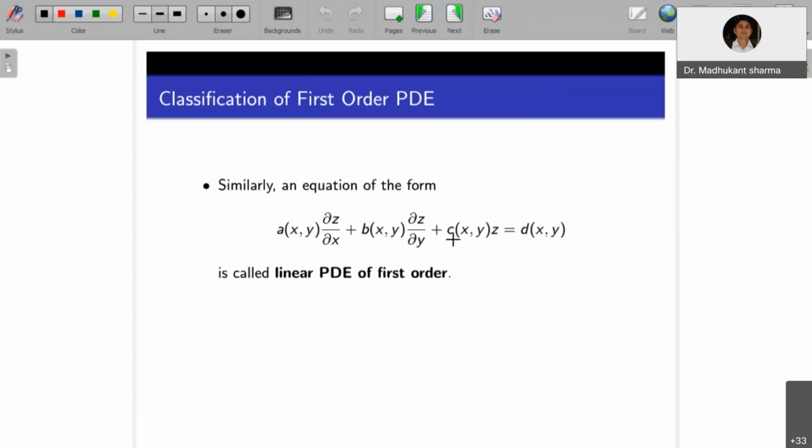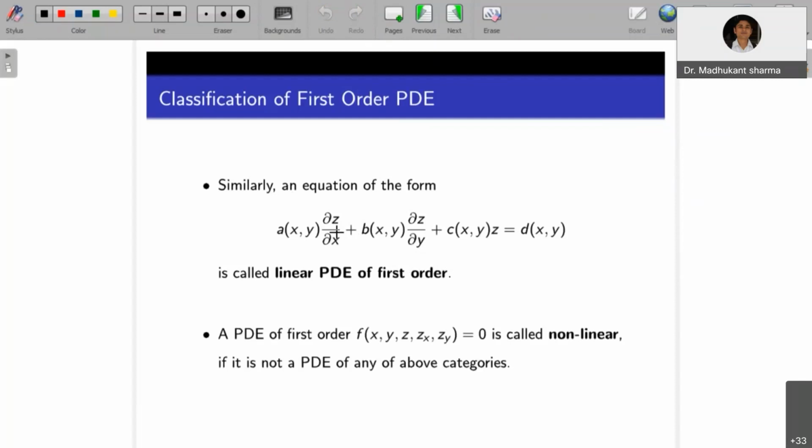Linear in z, so c(x, y) z, you can push that onto the right hand side as well, so you have minus c(x, y) z plus d(x), or you can put this on the left side. If it is linear only in p and q, it's almost linear.